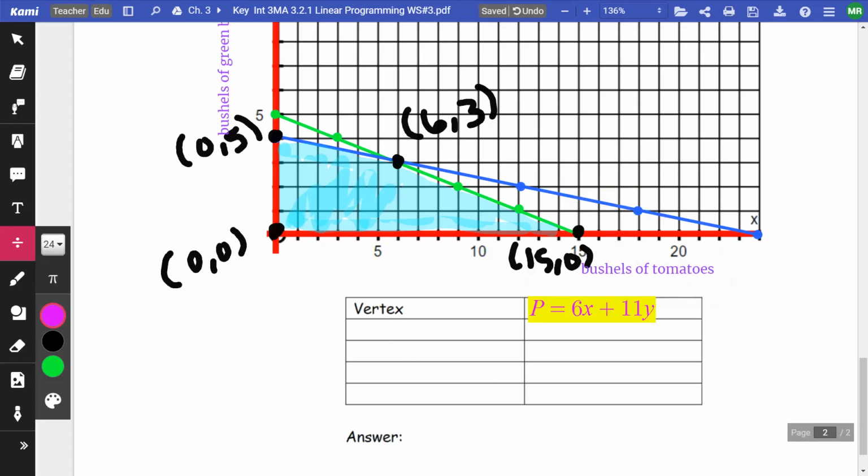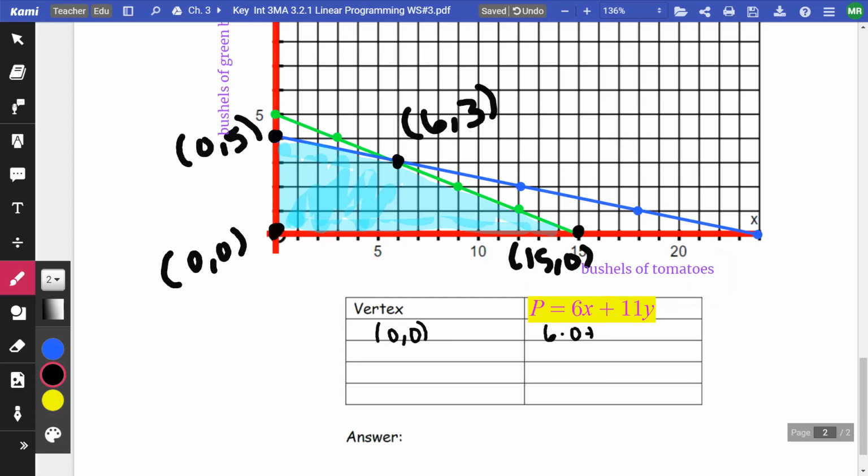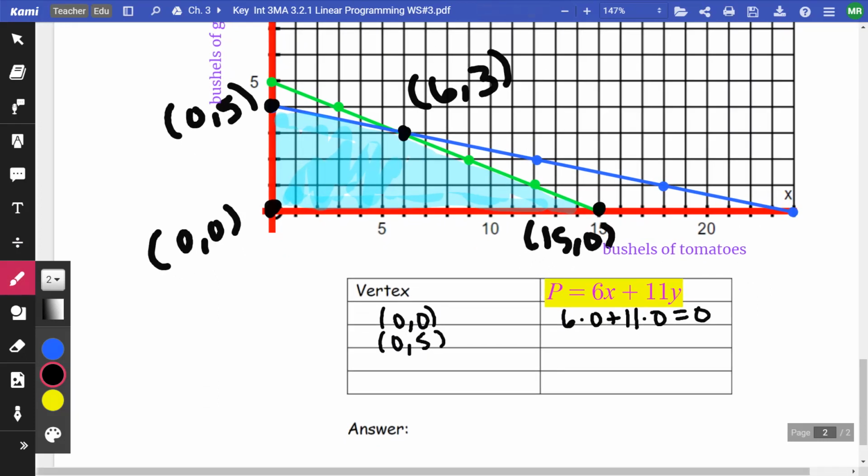So I'm going to do these vertices into this. And so I'm going to have 0, 0, which is going to be 6 times 0 plus 11 times 0, which is 0. Let's see, 0, 5. That's going to be 6 times 0 plus 11 times 5, which is going to be 55. I'm going to do 6, 3.